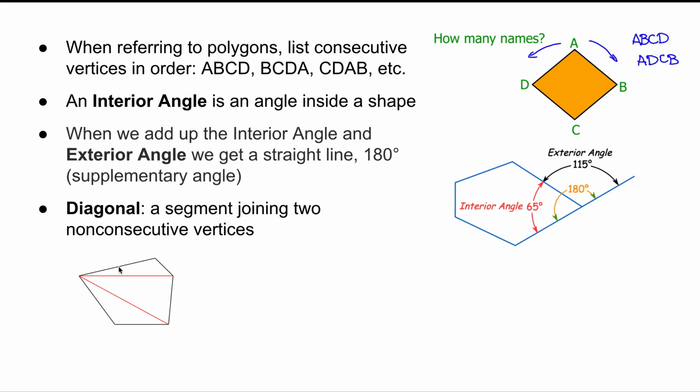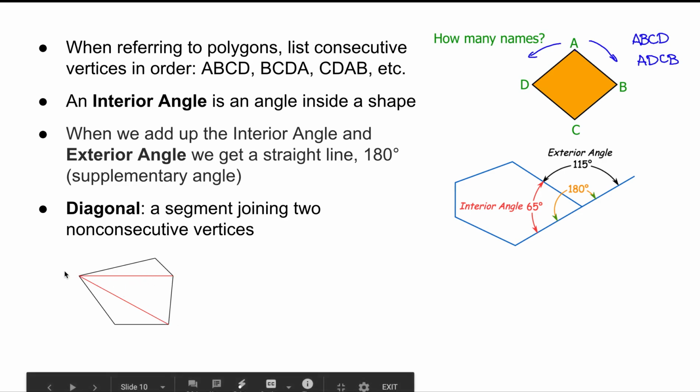Diagonal, what is a diagonal? When you connect a vertex with another vertex that is not consecutive. A segment joining two non-consecutive vertices, where consecutive means right next to it. So if you connect that, it's not a diagonal, because it's a side. But from one vertex, you can go to a non-consecutive vertex and connect that.